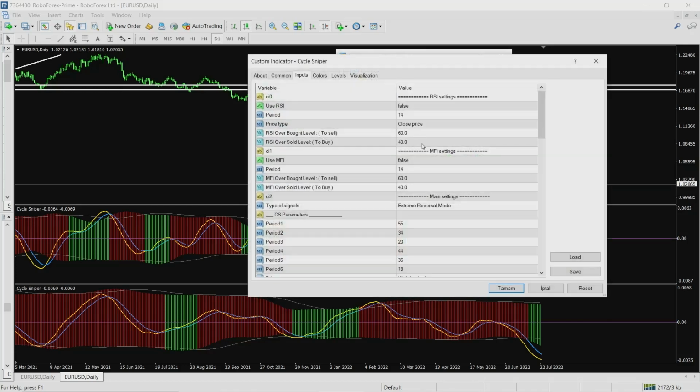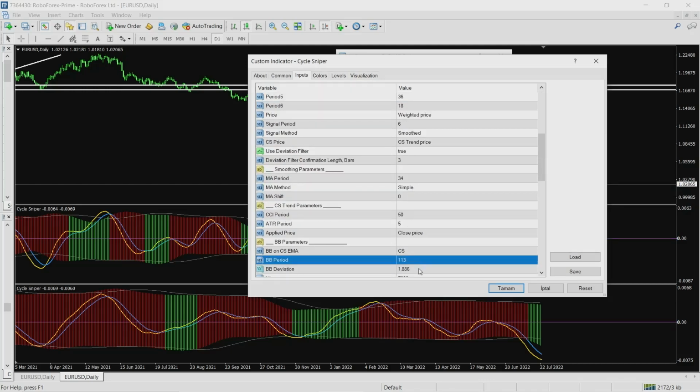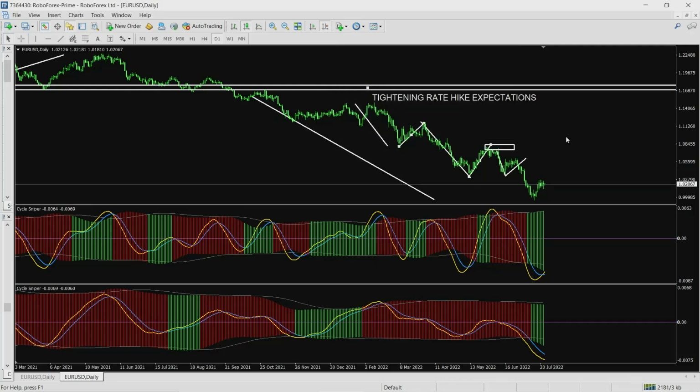The second one, set 2, has bigger periods and bigger deviations. This is why I recommend checking two set files together.